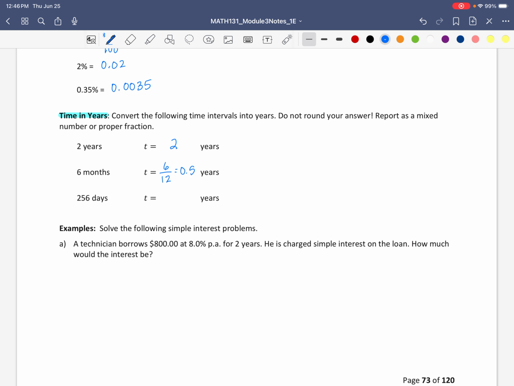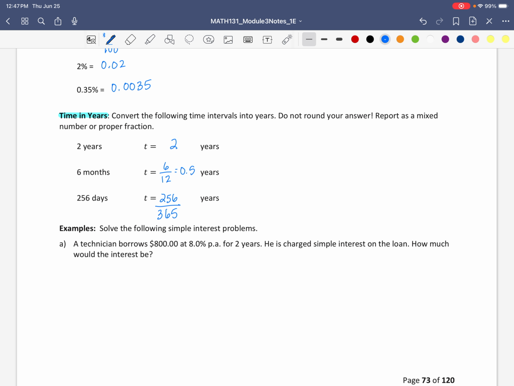Now, sometimes too, we might be given time in days. And again, we can convert that into years. We remember that there's 365 days in 1 year. So we can write this as the fraction of 256 over 365. And that would convert our 256 days into years.